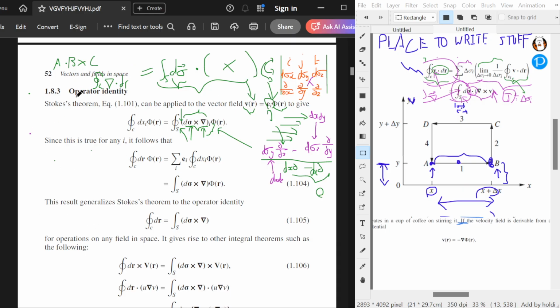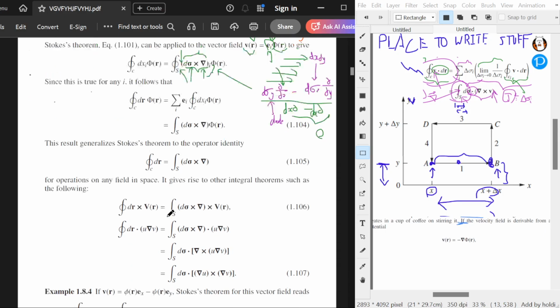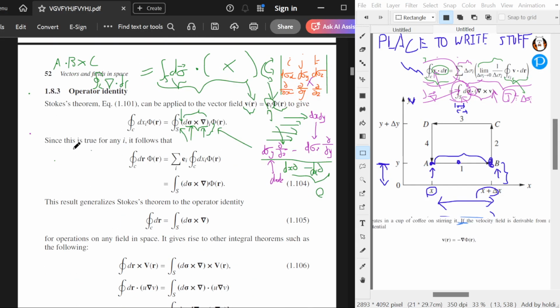Let's just restart. Stokes' theorem can be applied to the vector field to give this. Let me just read this entire thing and we'll try to figure it out after. Since this is true for any i, it follows that if we sum up this for all the i's, for the 3 i's, I assume there's only 3 i's. How would you get a fourth dimension?